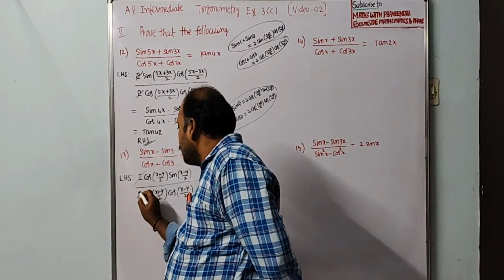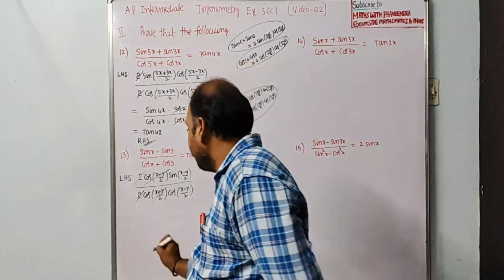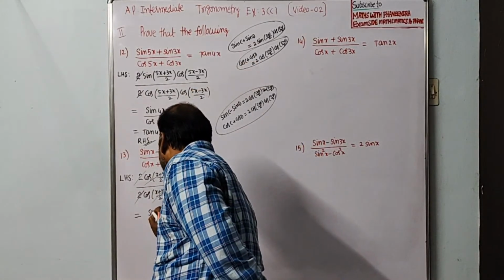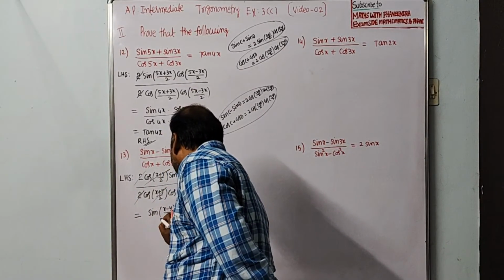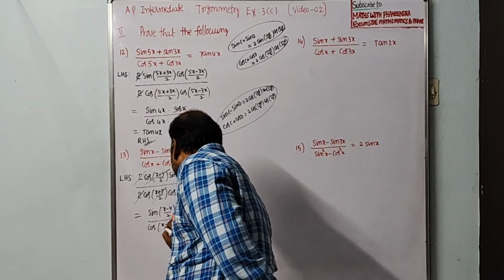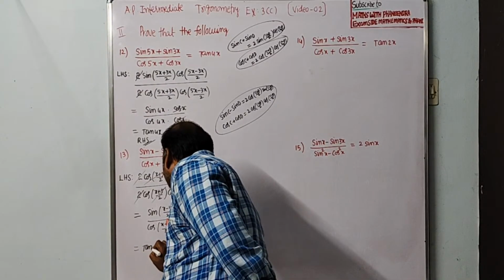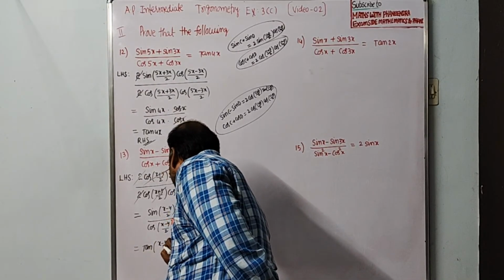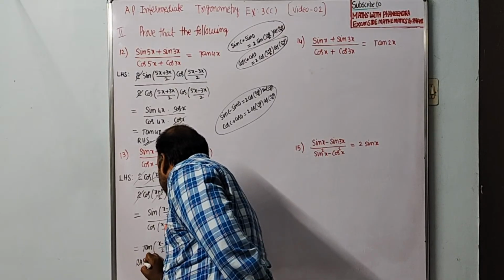So here 2 get cancelled, cos of x plus y by 2 also get cancelled, which is equal to sin of x minus y by 2 divided by cos of x minus y by 2. So sin by cos, tan of x minus y divided by 2, which is required RHS, students.